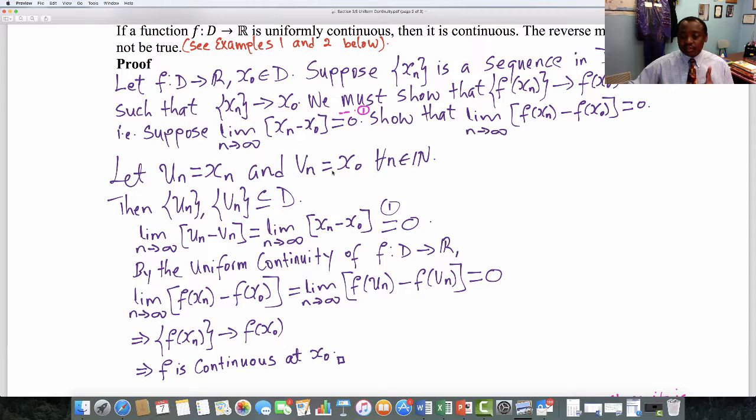Observe here that vn is going to be a constant sequence. As n goes to infinity, all the vn's would equal x0 for every n in the natural numbers. So v1 is x0, v2 is x0, v3 is x0, and so on and so forth.